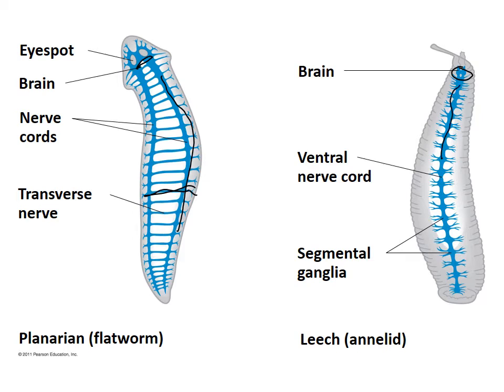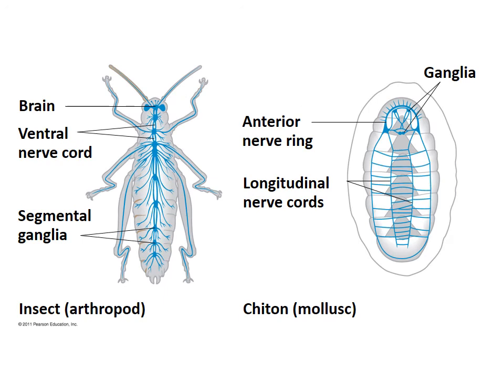And we're seeing increasing complexity, and then of course there are nerves coming off of it. And then we go up to arthropods, and there's actually a definite small brain, and there is now just the 1 nerve cord, which is central, and it will segment in every segment of the animal.